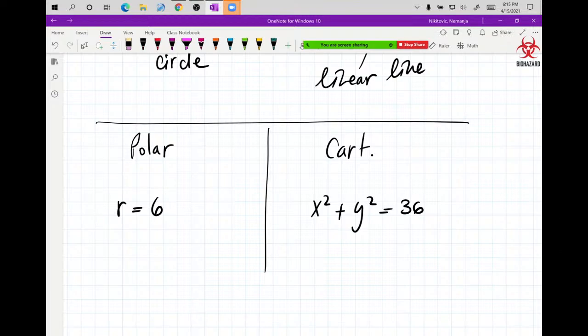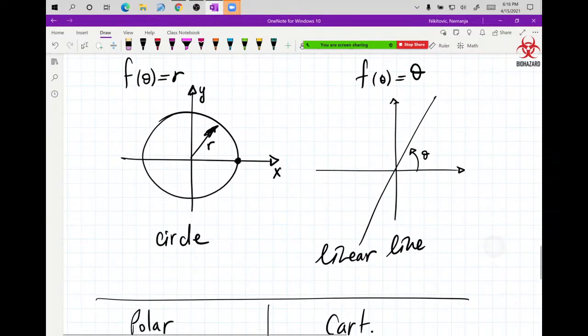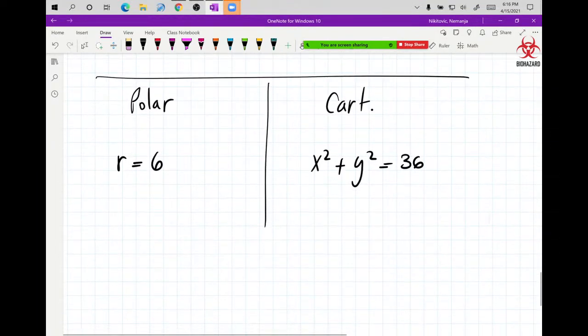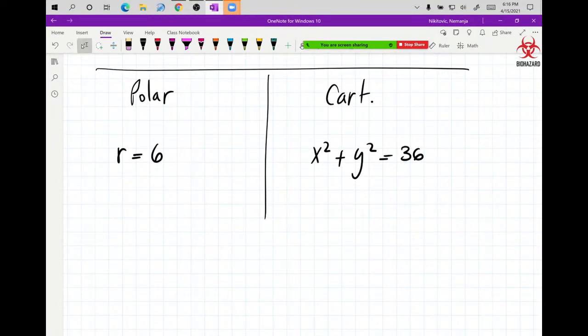But it's in a different coordinate system. So both of these would graph the same circle, but they don't even graph it in the same way. So that's it. The two basic equations, linear line and the circle. We talked about that, and well, that will be it.